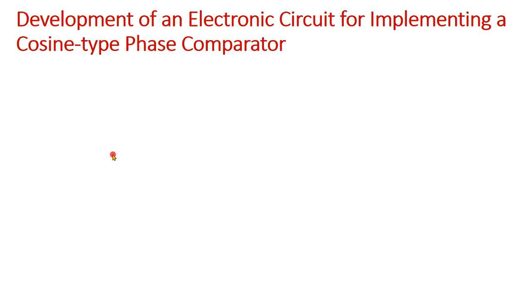So we need to design the phase comparator instead, because amplitude comparators are available ready-made. Let us see the development of a cosine type phase comparator, then we will see how to implement a sine type phase comparator.